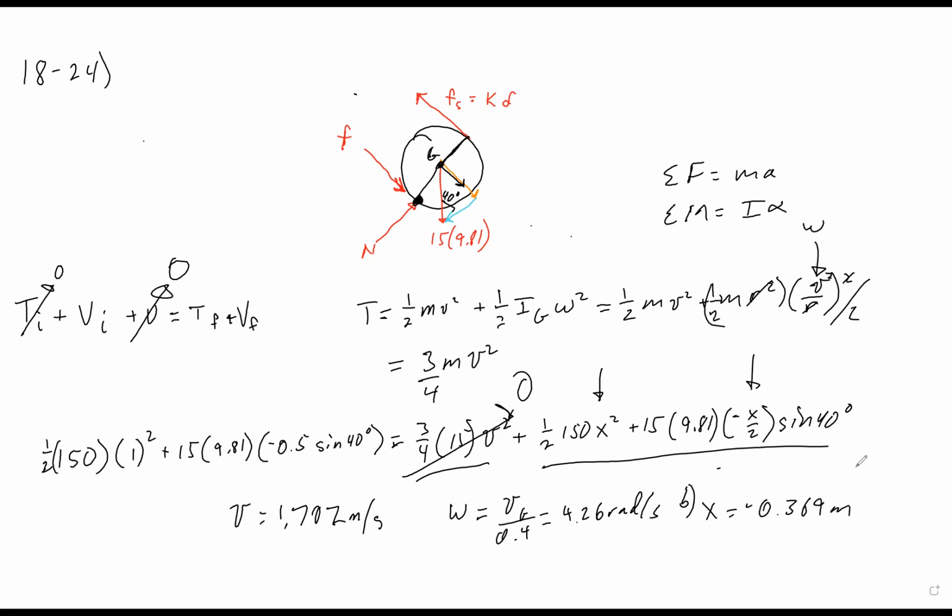0.369 meters. However, this is kind of a strange solution because the rope cannot be compressed. It can't hold a compressive force. It's not rigid. So the spring will go slack and won't actually start pushing back when it gets to the compressed state.